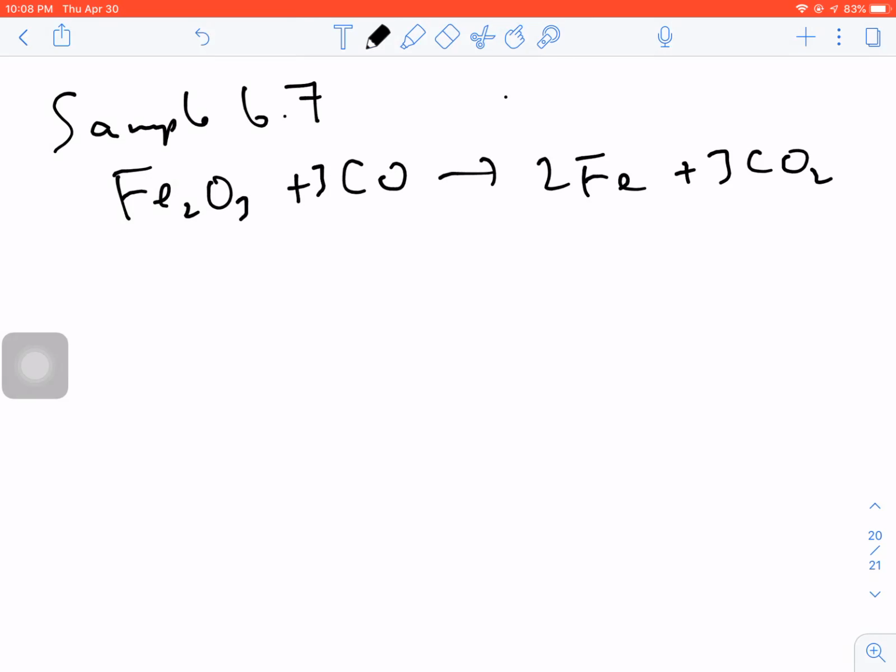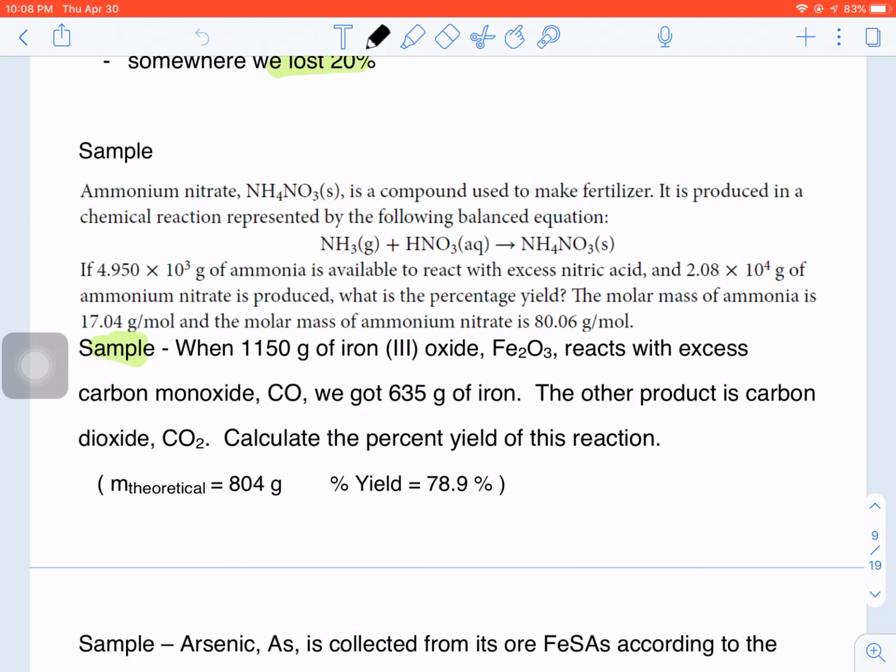The question is telling me that we are starting with 1150 grams of iron 3 oxide with excess, and notice this is a really important word here, excess carbon monoxide.